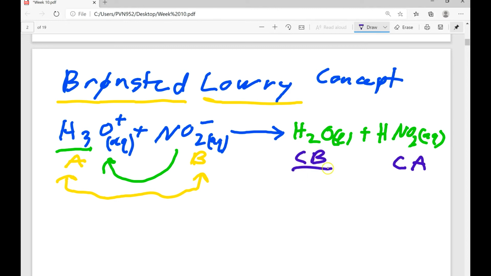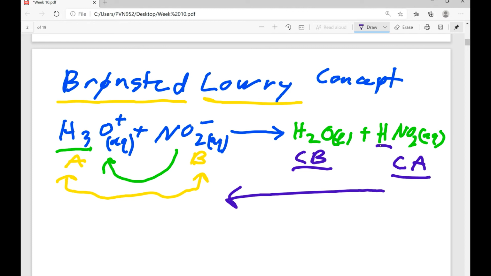If you think about going backwards in this reaction to get to our original reactants, the conjugate acid would need to give a proton to the conjugate base, and the conjugate base would need to accept a proton from the conjugate acid. So that's the Bronsted-Lowry concept.